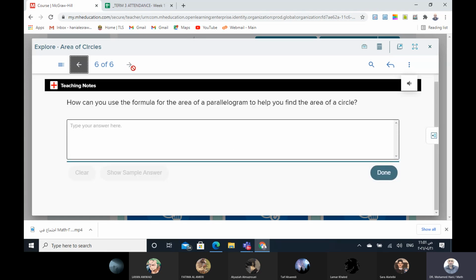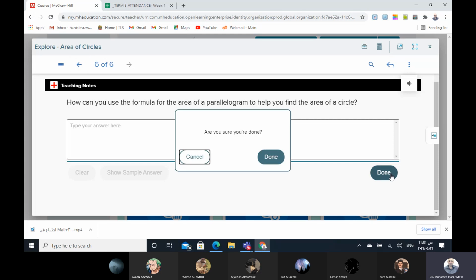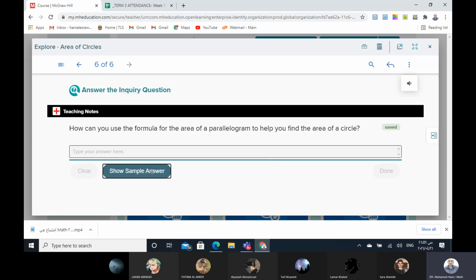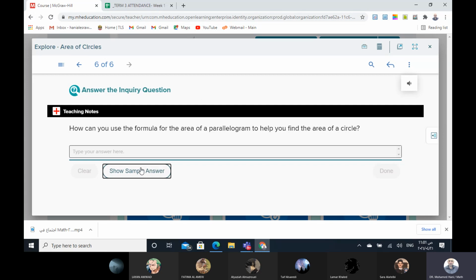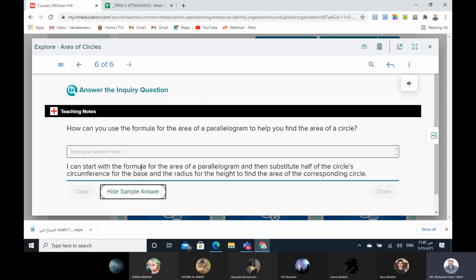Who can tell me what is the formula? Mister, you want the area of the parallelogram?